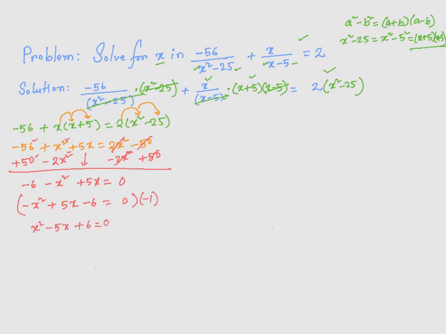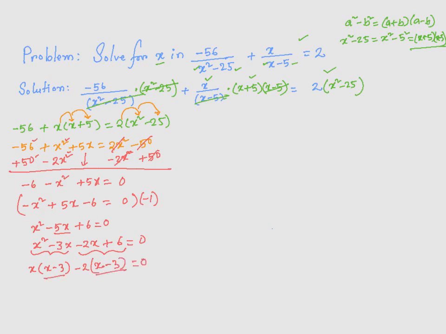Now I can factor it using the techniques for factorization. So x squared minus 3x minus 2x, which is negative 5x, right, plus 6 is equal to 0. Now I group things. This is one group and this is another group. In the first group I could factor out x, that's going to give me x minus 3. In the second group I could factor out negative 2, that's going to give me x minus 3, which is equal to 0.